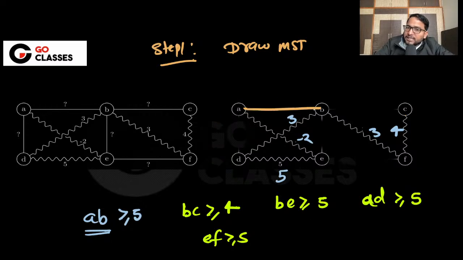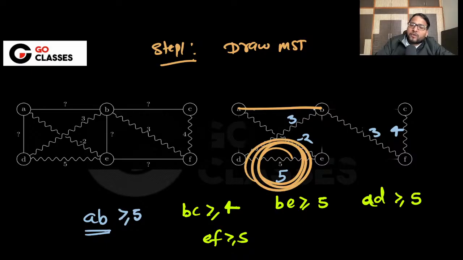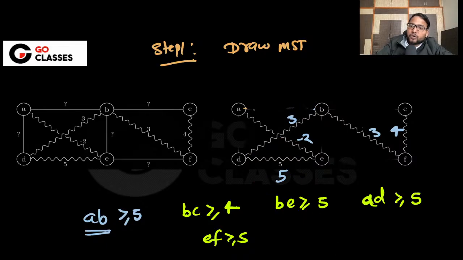And what is the maximum edge it is forming a cycle with? It is forming a cycle with 5. So it must be greater than or equal to 5. It cannot be lesser than 5, because if it is lesser than 5, then this 5 cannot be part of the MST, since it is the heaviest edge. So that's why AB must be greater than or equal to 5.